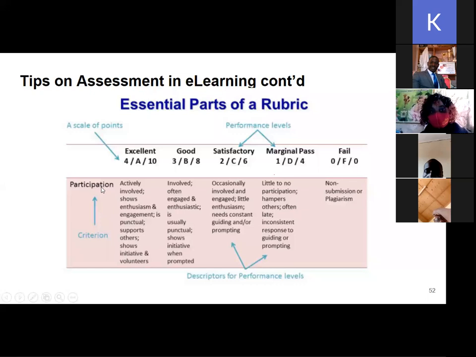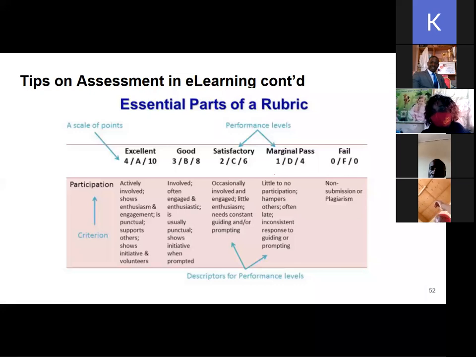Along the row for participation, the first column, excellent, reads: actively involved, shows enthusiasm and engagement, is punctual, supports others, shows initiative and volunteers. The last column talks of fail: non-submission or plagiarism. Maybe this group did not do any research or findings.